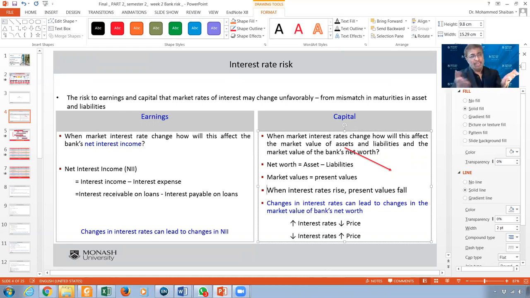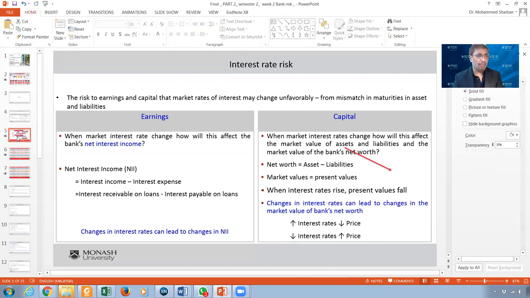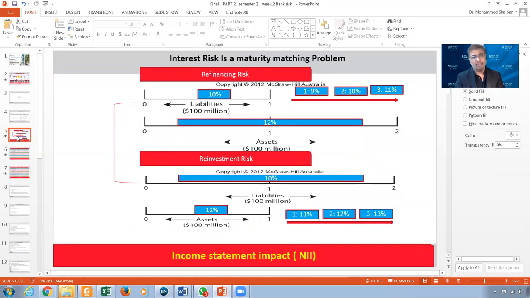The increase in the interest rate will drop the market value of the assets and liabilities together. But if my assets are higher than my liabilities, I will end up losing in my equity. Okay, this is the whole thing. Now, let's go a little bit deeper.